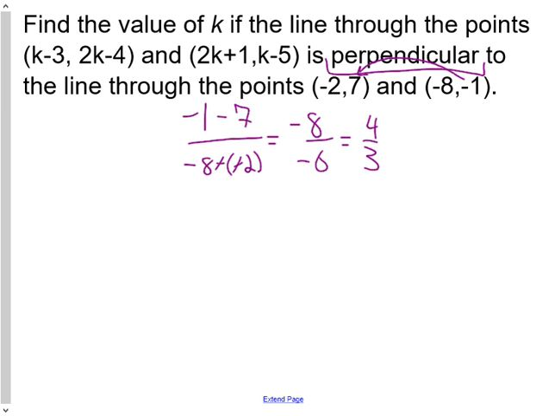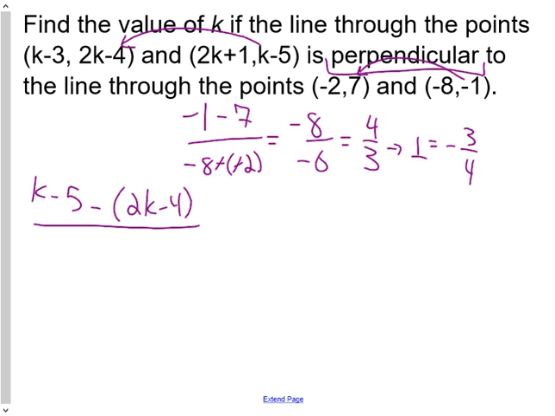Now, we're not equal to that slope, but now we're going to find the perpendicular slope, which is going to give us negative 3/4. So now that we have negative 3/4, we want to do the math with these K values up here. So again, I like to go from the larger looking to the smaller, but in this case, we just do K minus 5 minus quantity 2K minus 4.